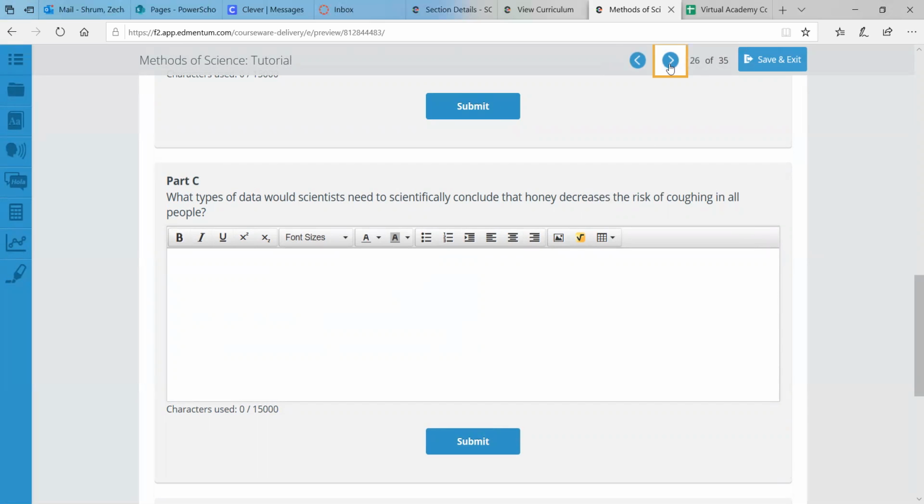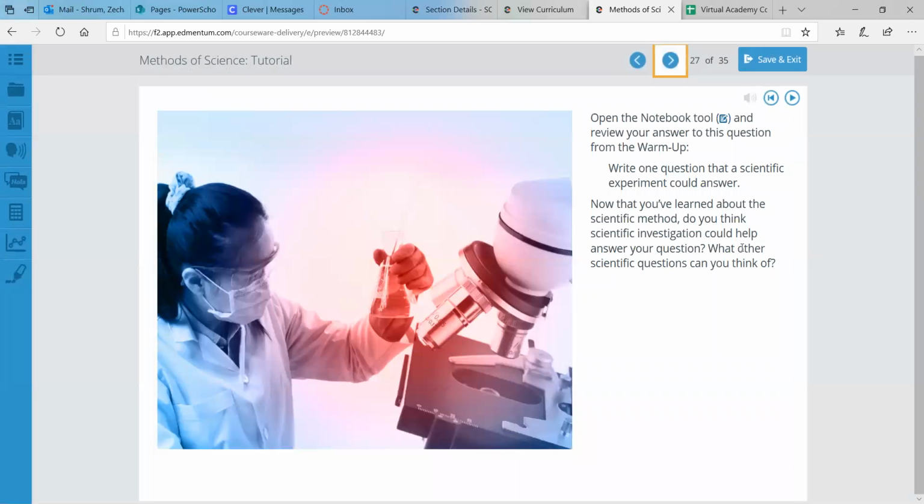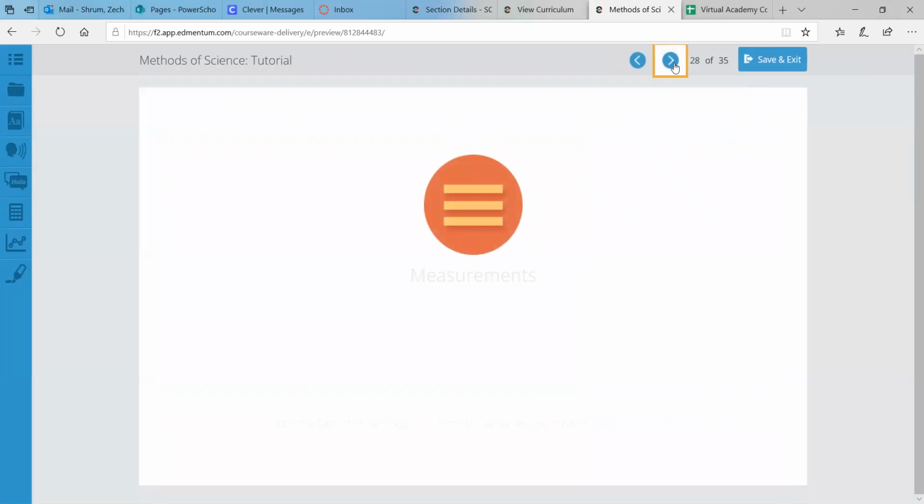So I'll let you answer that using your thinking brain, thinking cap, whatever the term is. But this asks you to write a question that is measurable and that an experiment could answer. Now that we've talked about this.